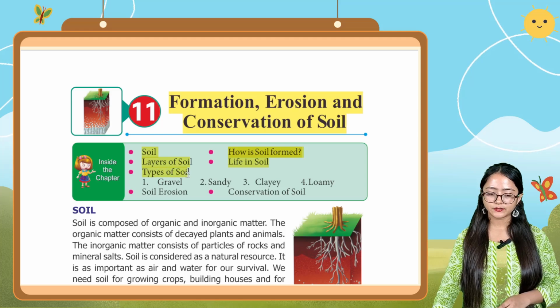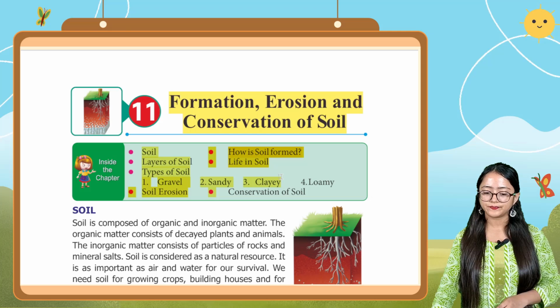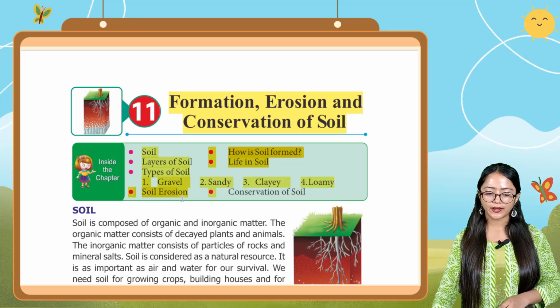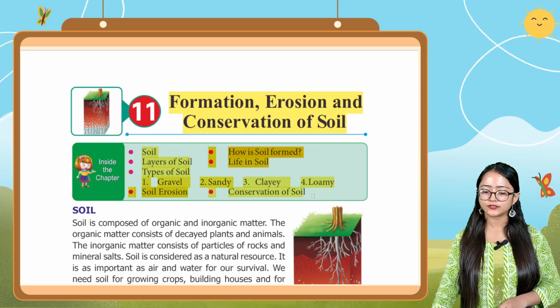Next, types of soil like gravel, sandy, clay and loamy. Next is soil erosion, and the last is conservation of soil.